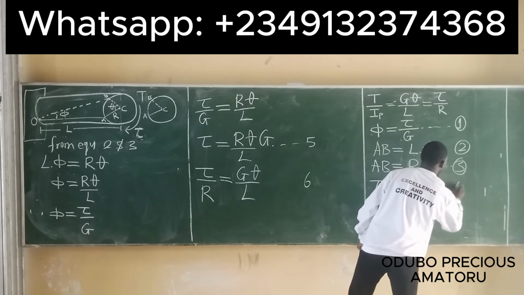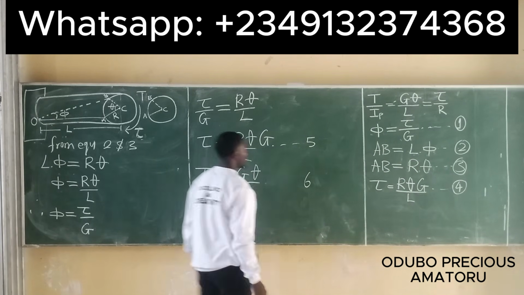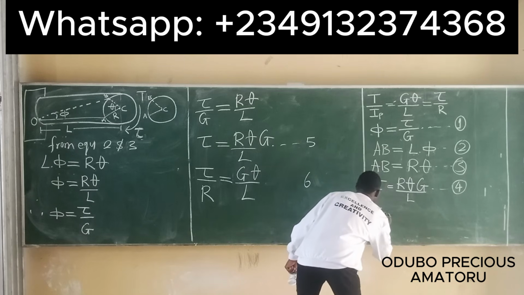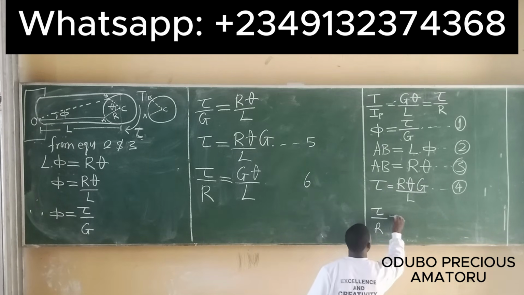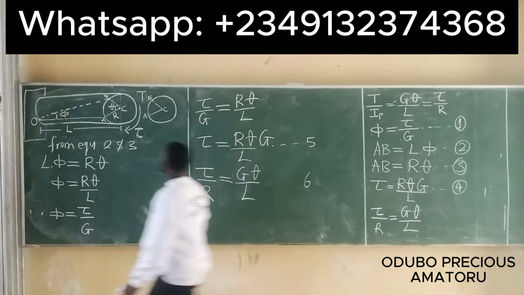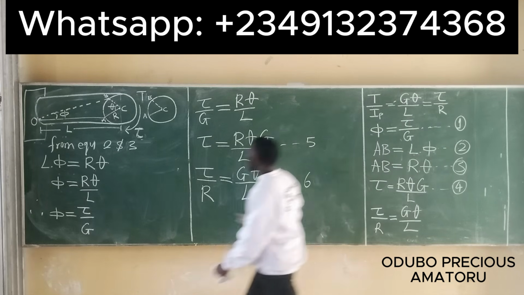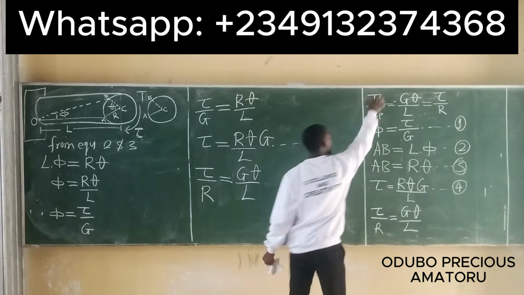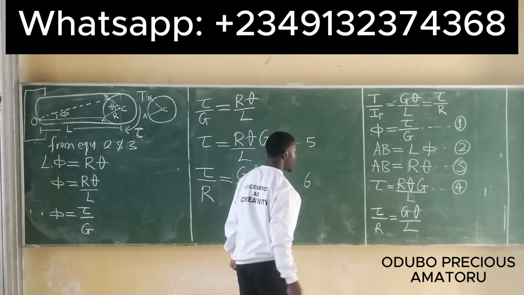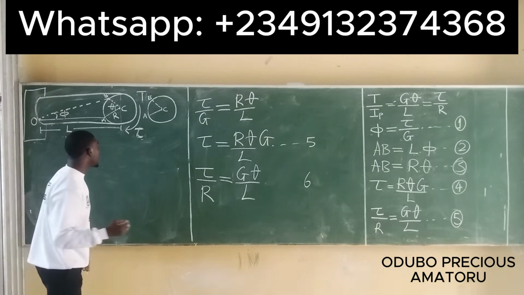Let's call this our equation 4. And then this is our equation 5. So the shear stress all over R is equal to the modulus of rigidity multiplied by the angle of twist all over the length of the shaft. So these two give you this part of the equation. And when you analyze the top, you now have this part of the equation. So let's go further. We have successfully analyzed this.